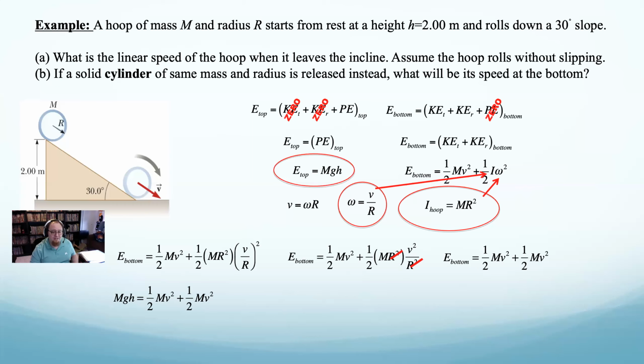So if I divide everything by m, there it goes. And 1/2 plus 1/2 is 1. So 1/2 v squared plus 1/2 v squared is simply v squared. And if I square root both sides, I can solve for the velocity. Any questions there?